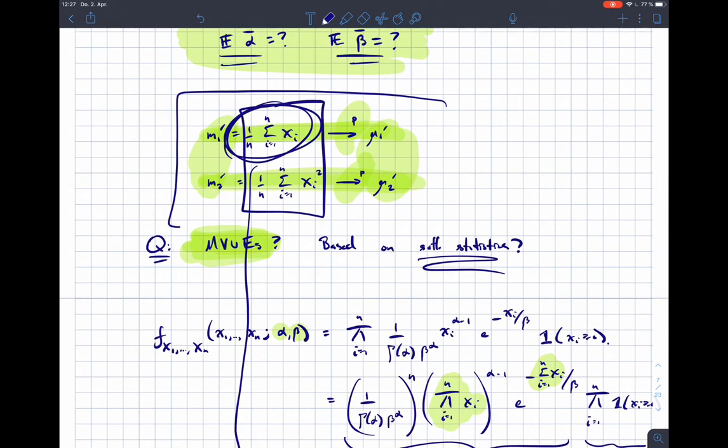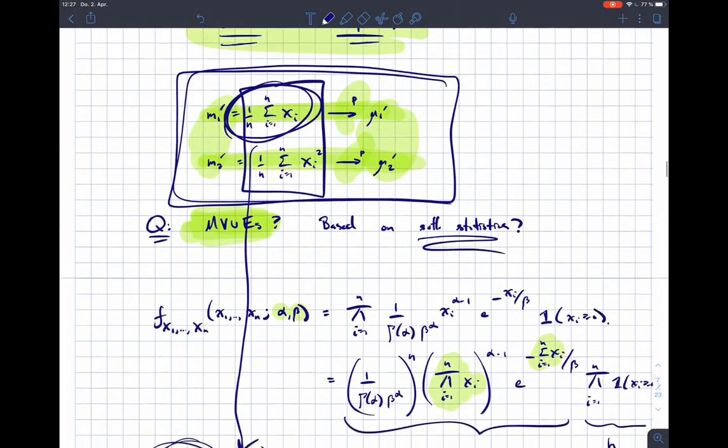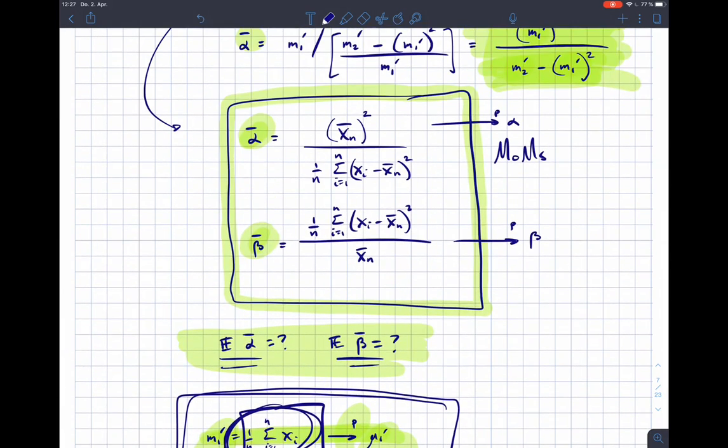And my method of moments estimators do not use the product of the xi's anywhere. That means that when I compute these method of moments estimators, at some point I'm throwing away some important information. I'm not using all the information in the data.